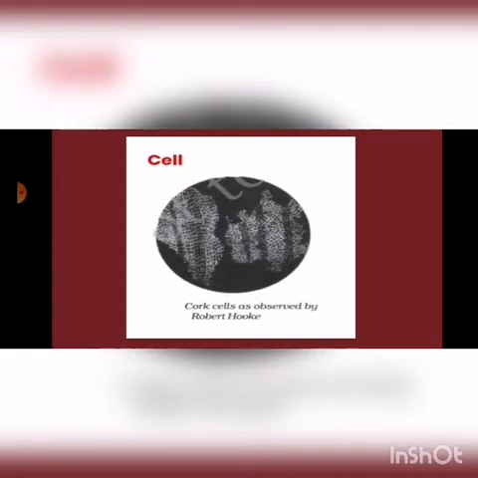In the 1830s, two German scientists, Schleiden and Theodor Schwann, proposed the cell theory, which states that all living organisms are made of cells. The cells are the basic structural and functional units of a living organism. All cells are born out of pre-existing cells through cell division.